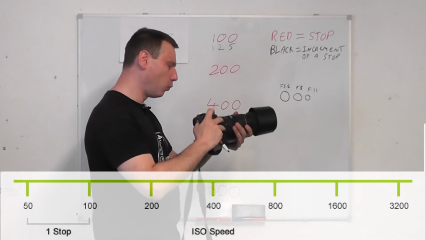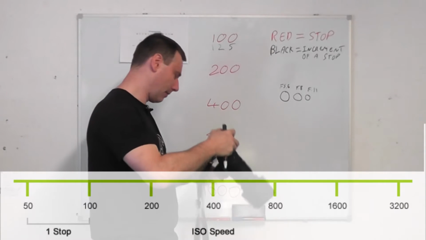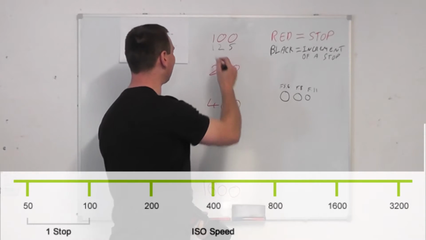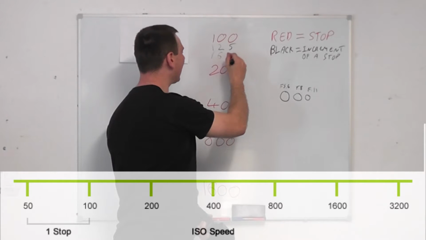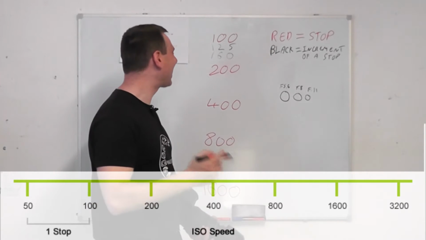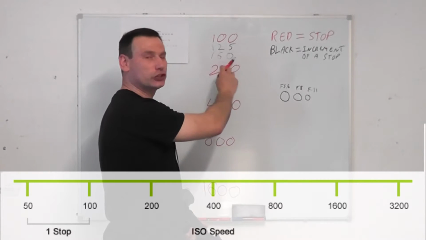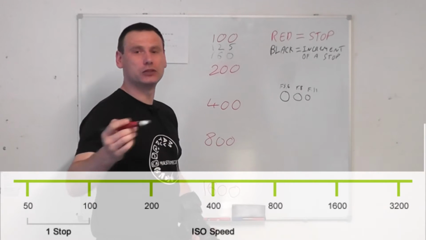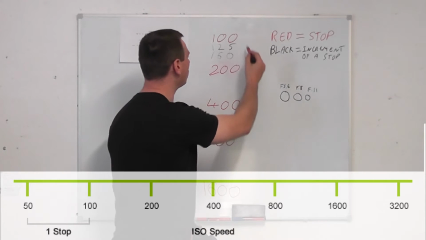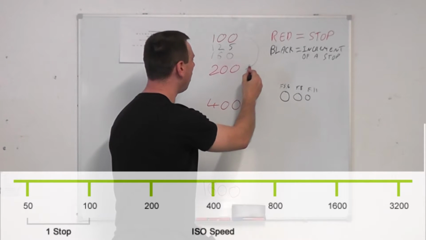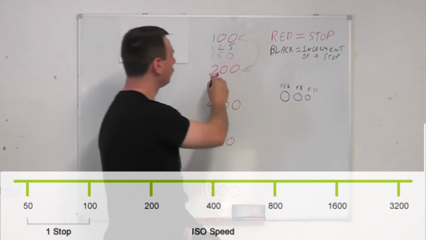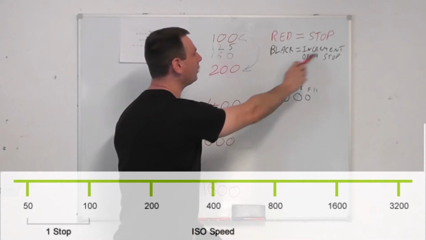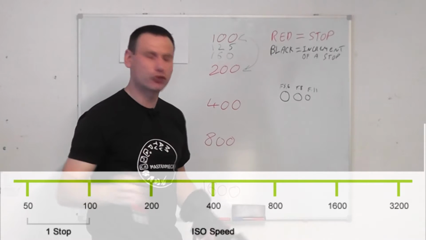Now if I press the ISO button and move my wheel dial again, we go to 160. So that's ISO 160. Again, that is not a stop. That is just a fraction of a stop. Because if I want to move a stop, then I've got to jump from ISO 100 all the way to ISO 200. Anything else is just an increment of a stop in between.